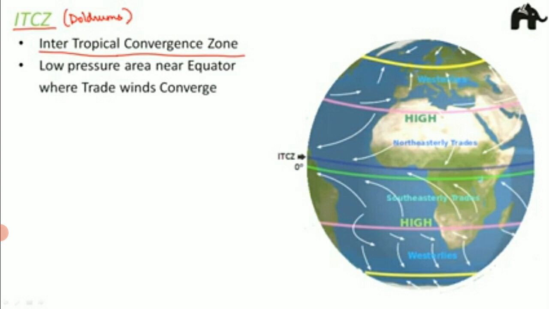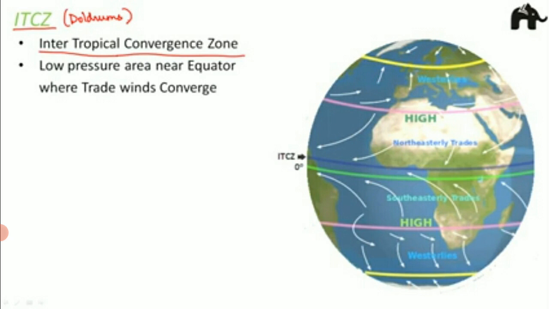Now children, the second topic is ITCZ. Now what is ITCZ? The second is the shift of the position of the Intertropical Convergence Zone. It is a strip of low pressure in the equatorial latitudes.